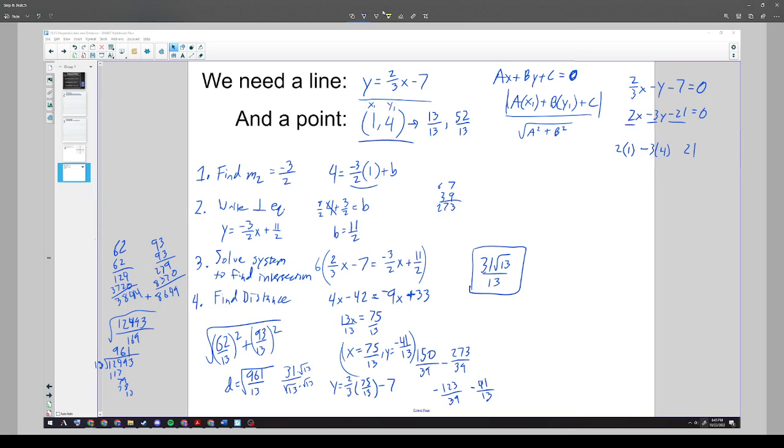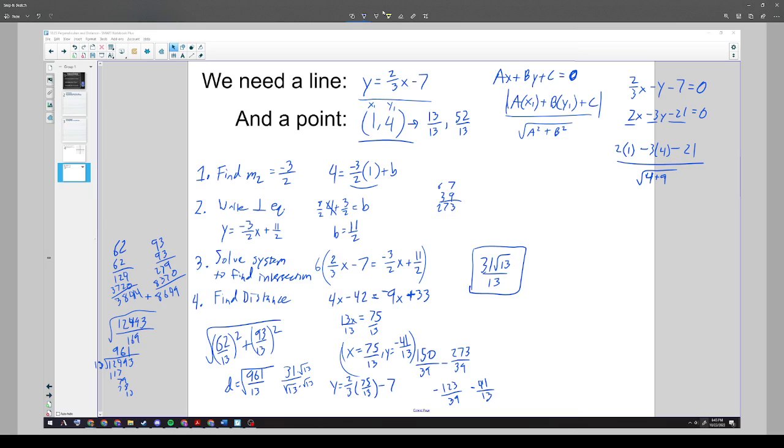So minus that, and we're going to divide by the square root of a squared plus b squared. So a squared is 4, b squared is 9. Please remember squares are always positive unless we have complex numbers, so negative 3 is still positive 9 when we square it. Hopefully without calculators we don't make that mistake anyways.